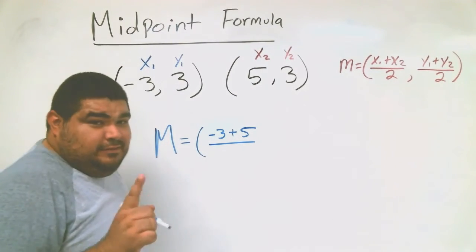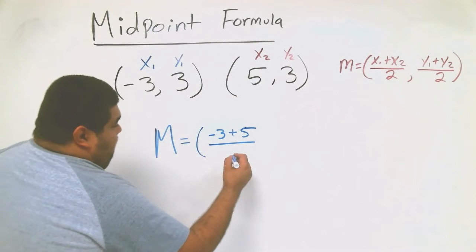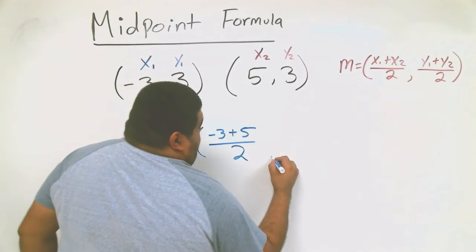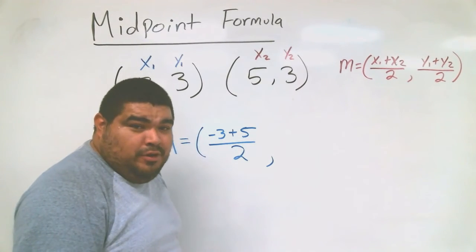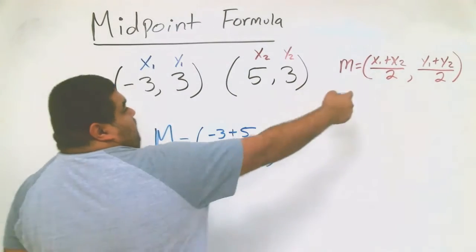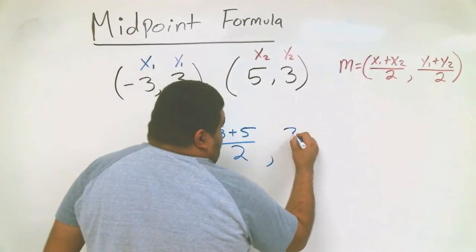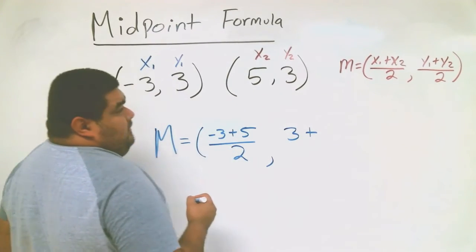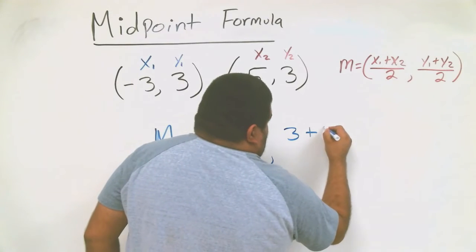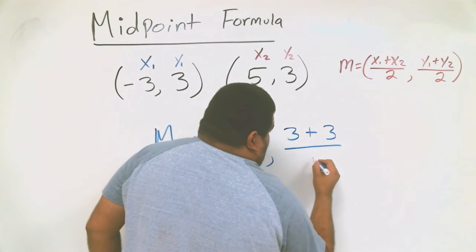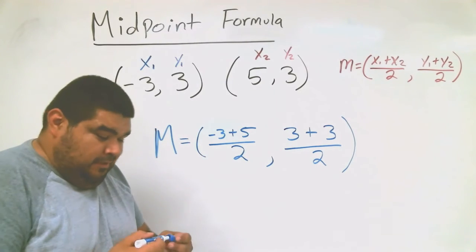Over, don't forget, you have it over 2, right? It's been divided by 2. So you have a 2, comma, and then we can start on the y point, right? So we have y1, which in this case is 3, plus y2, which is another 3, right? Over 2, and then we close the parentheses.